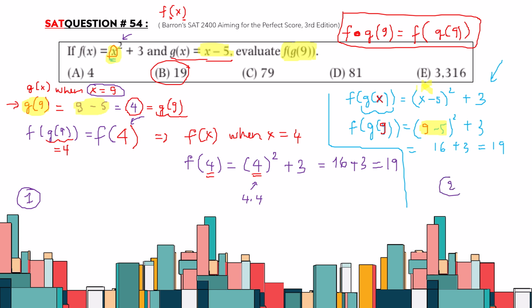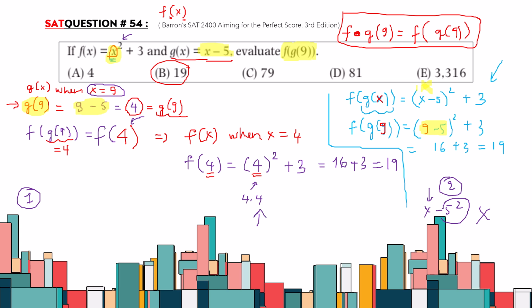For the second one, you have to make sure you use the parenthesis for the whole thing. Otherwise, you end up with x minus 5 squared where only the 5 is squared, and the x is not squared. So that makes it wrong.